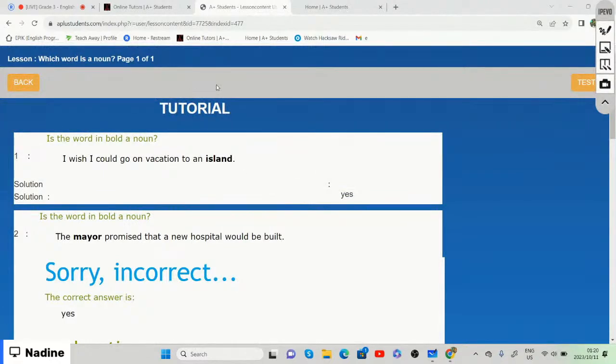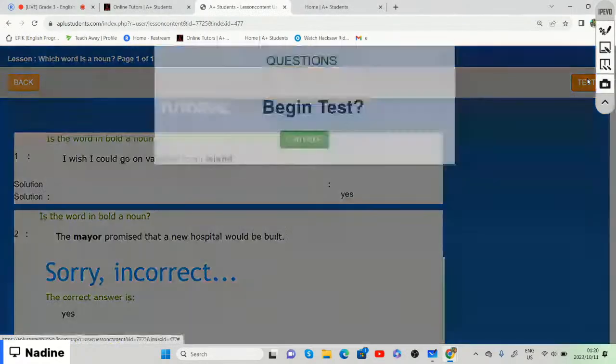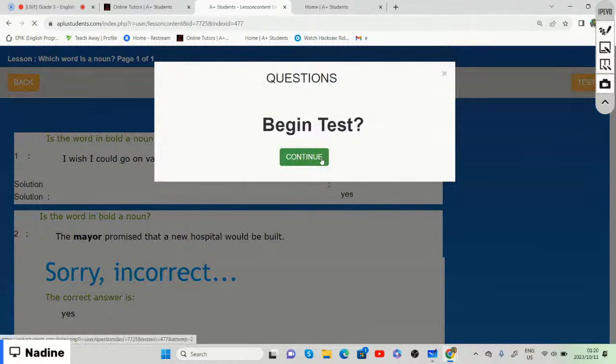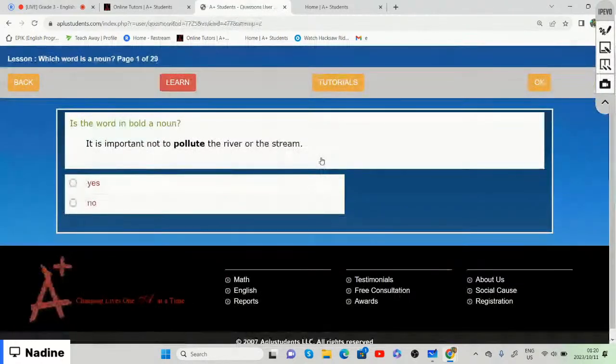All right, let us go and do our test to say which word is a noun. So we need to say if the word in bold is a noun. It is important not to pollute the river or the stream. Pollute. Is the word pollute a noun?